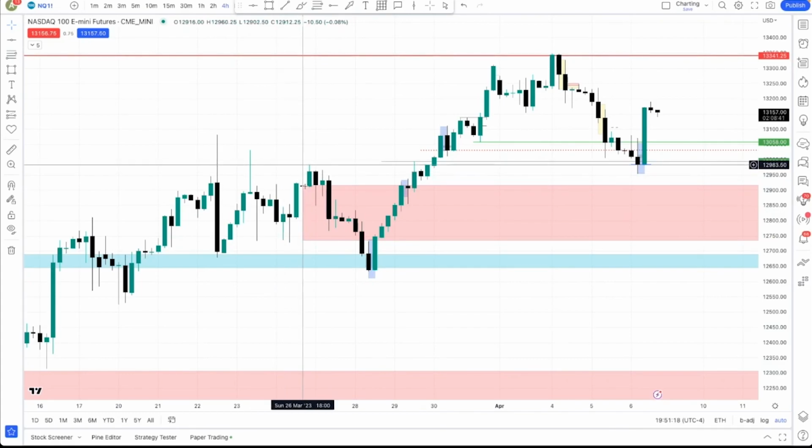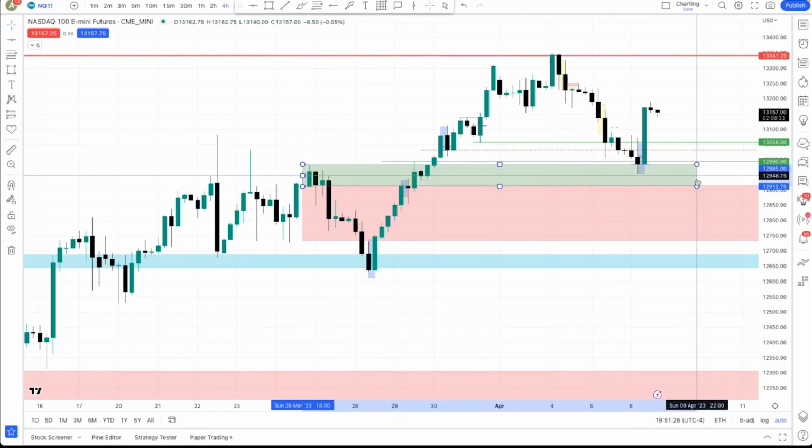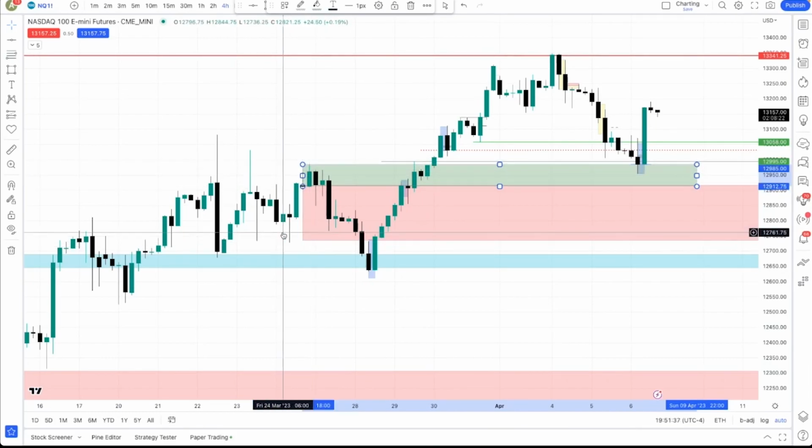So if we just look at this right here and highlight it, this is your bullish breaker. Also, we have an order block within the breaker, and this could almost be like a mitigation block. But I would call this a breaker, Dom, just because it meets that specific criteria.